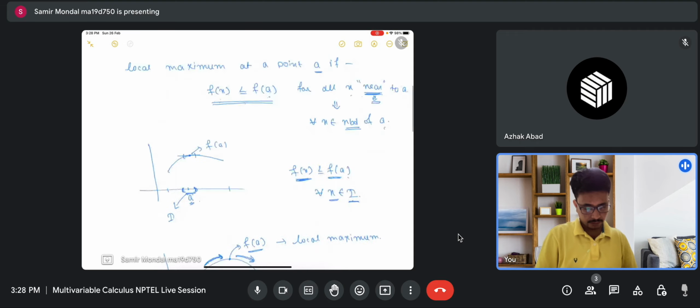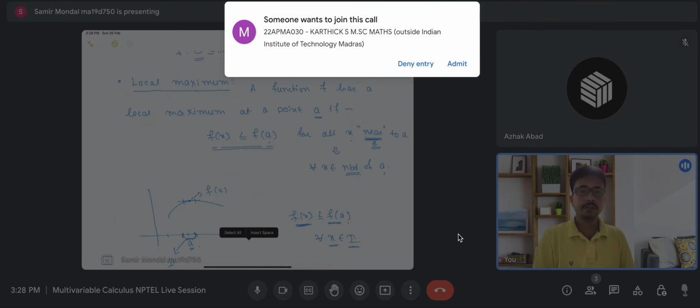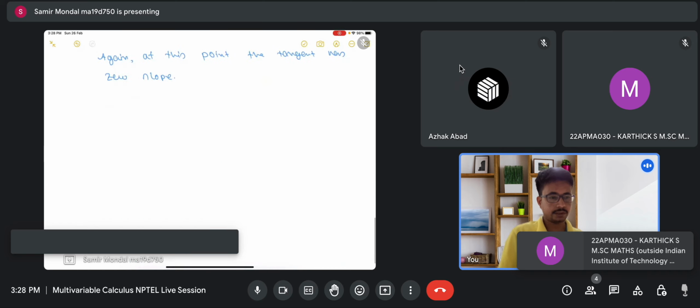Now I want to recall once again: a function f has a local maxima at a point a if f of x is less equal to f of a for all x in a neighborhood of a. This concept will extend to two variable functions.